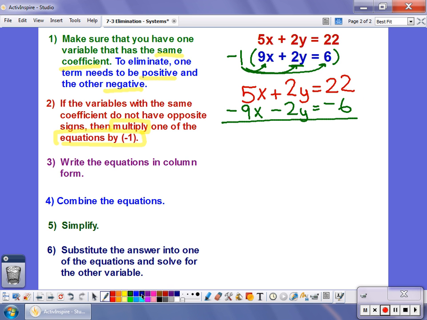Now when I combine these equations together, I can see that my 2y minus 2y is going to cancel out and give me 0. And I'm left with negative 4x equals 16. So time to finish off this equation, divide both sides by negative 4, and I get x equals negative 4.